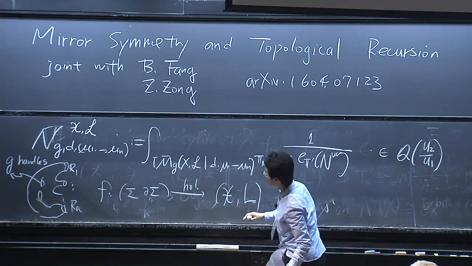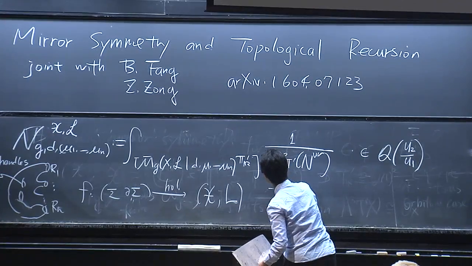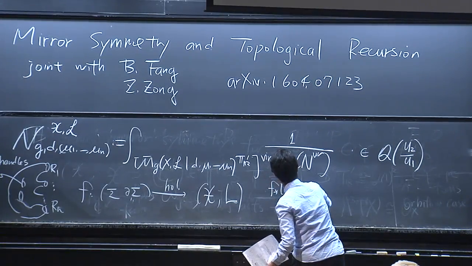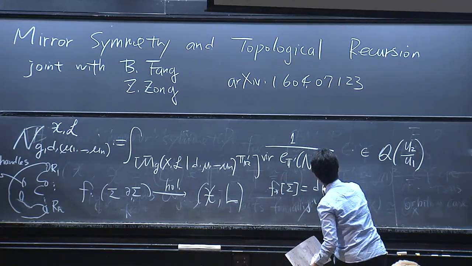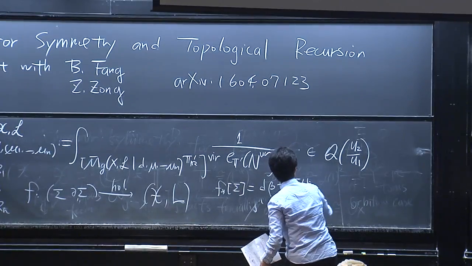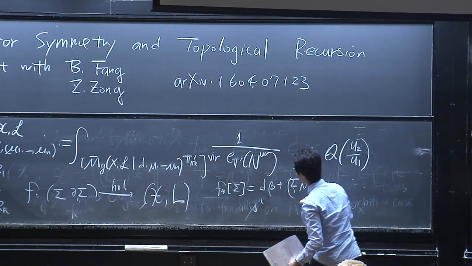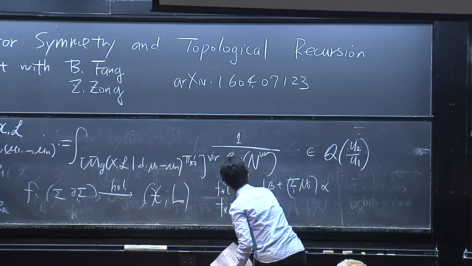This tells us the G and M, and the pushforward of the fundamental class is now a relative class. It's D times this beta plus this times alpha.